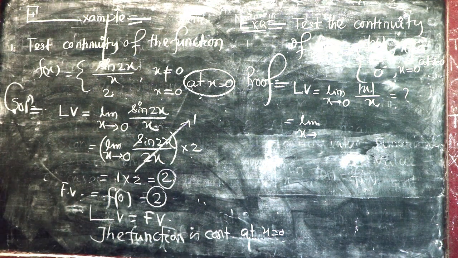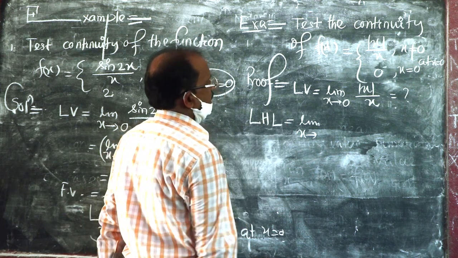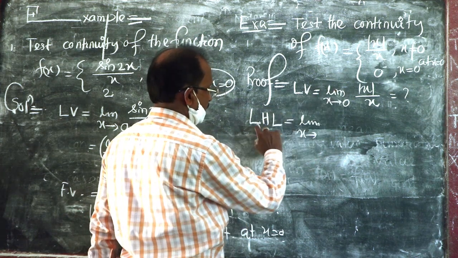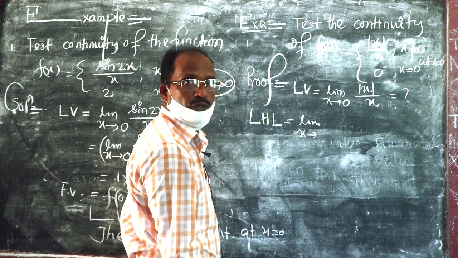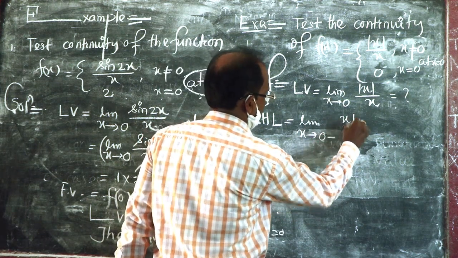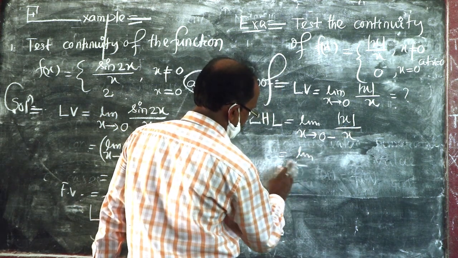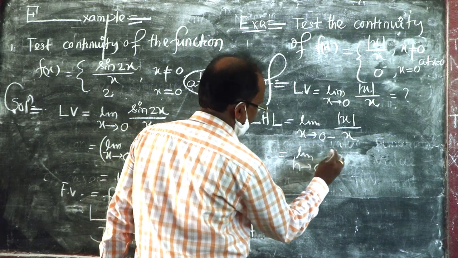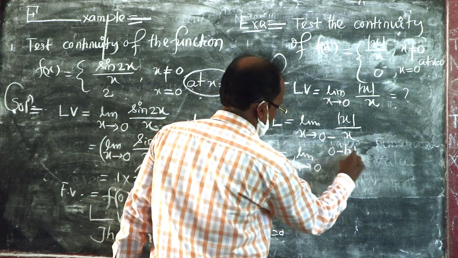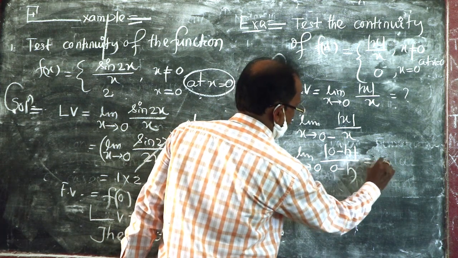First we find LHL. The left hand limit is limit x tends to 0 minus of mod x by x, which is equal to limit as h tends to 0 of modulus of (0 minus h) by (0 minus h), that is equal to minus 1.